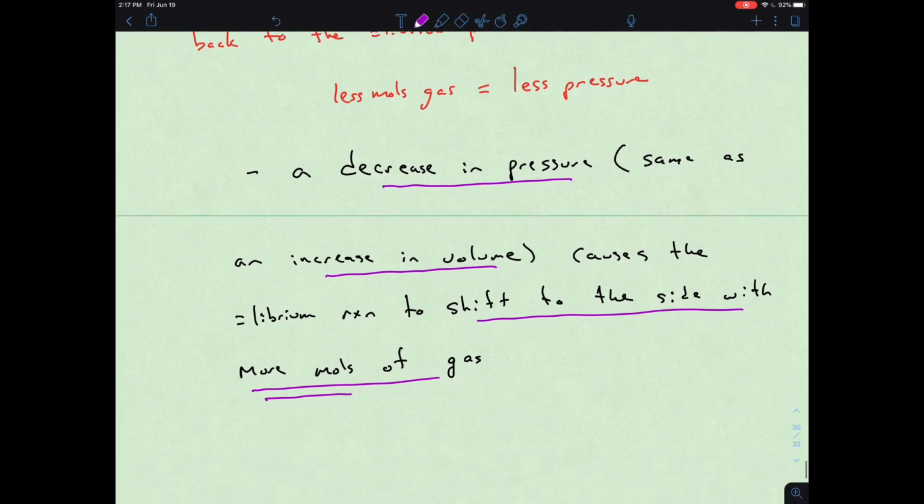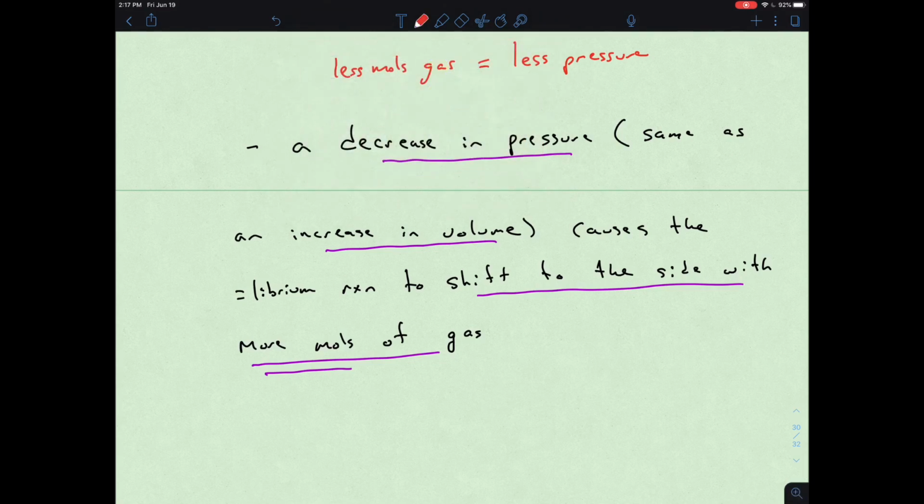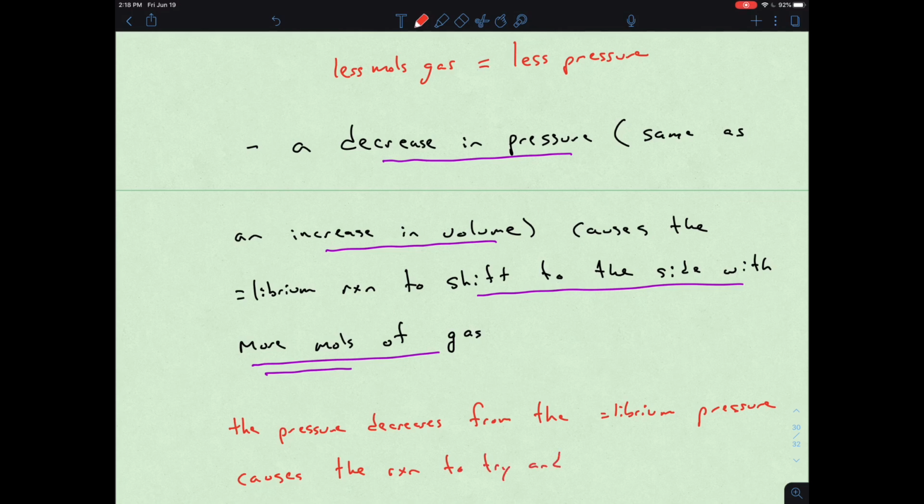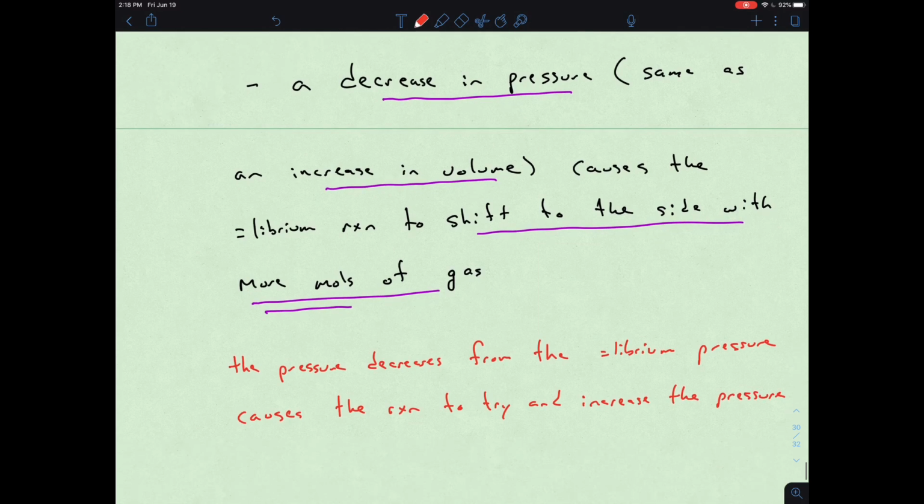And so it's the same idea that the pressure decrease from the equilibrium pressure causes the reaction to try and increase the pressure back to the equilibrium.